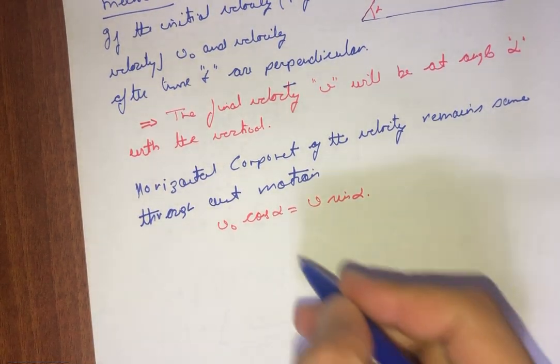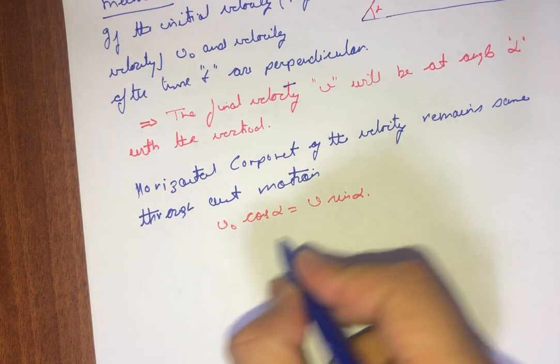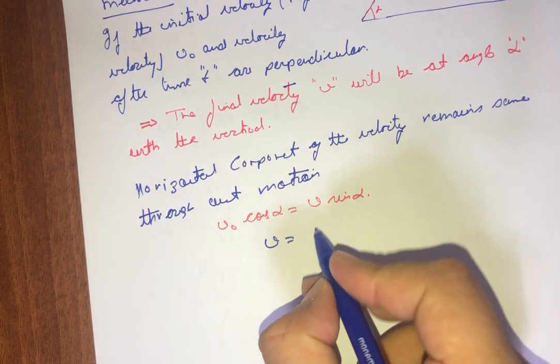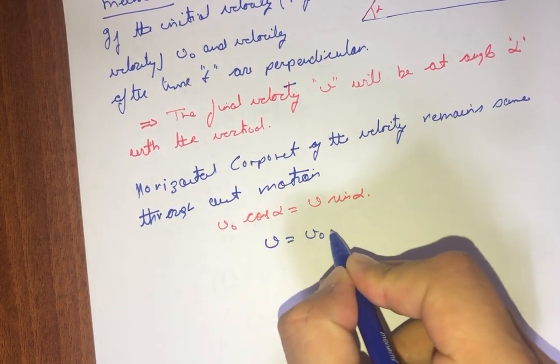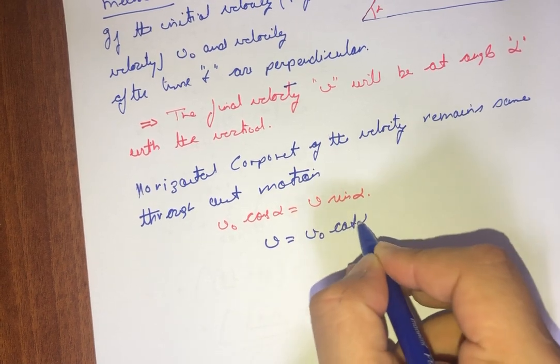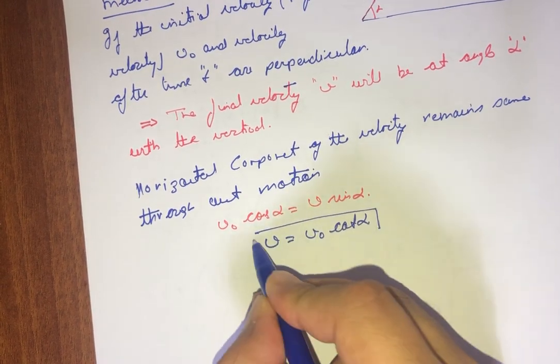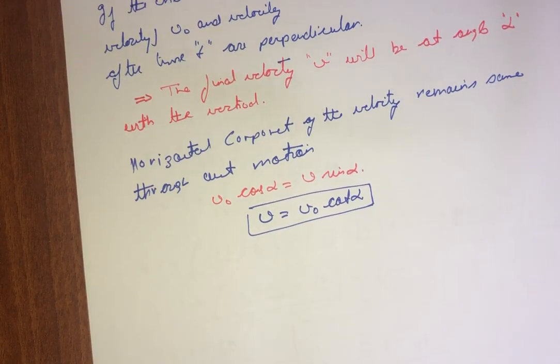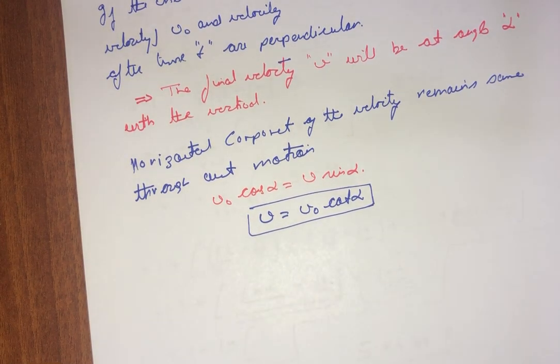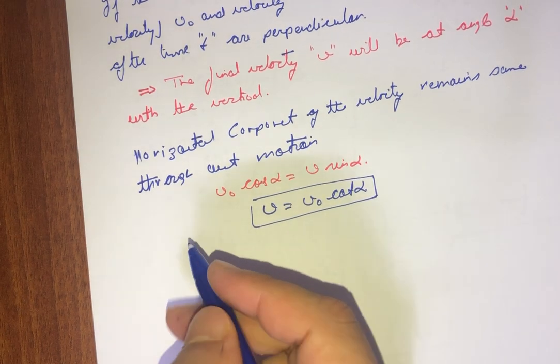From here we can find out v. So we can write v will be equal to v naught cot of alpha. Now the vertical component of the final velocity v after time t.